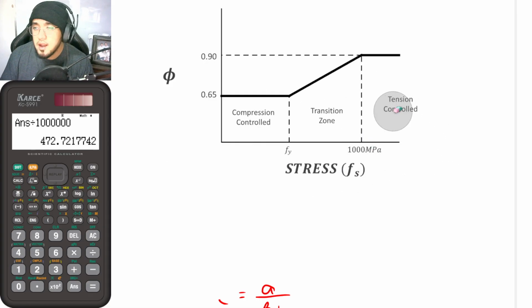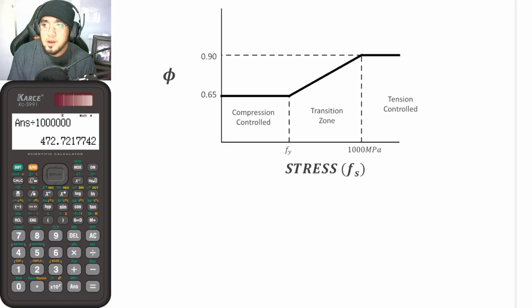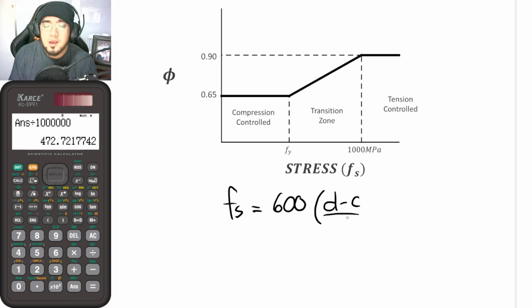Once again, I really like making use of this graph here. Since we need the value of Fs, if you can remember, F sub S is equal to 600 times D minus C all over C.